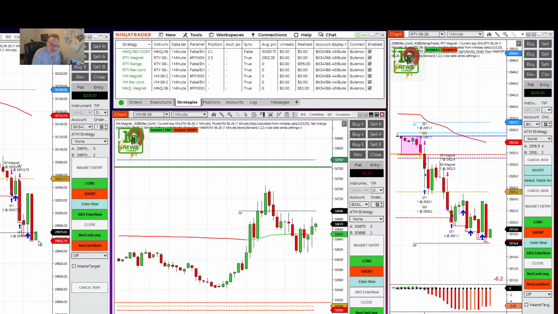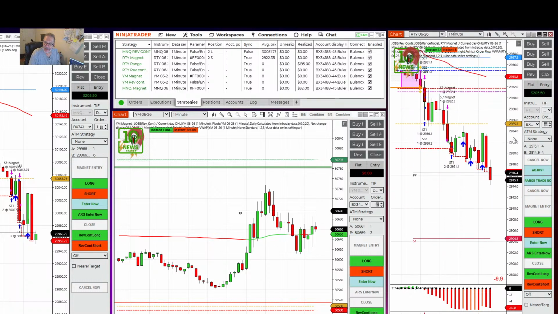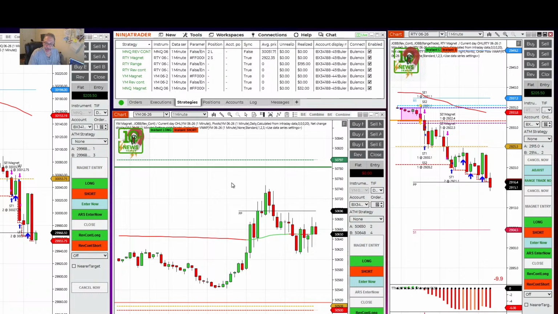So now notice that signal totally failed. But it's tested the low again. How many new lows is it going to make? So what does the market know that we don't? Is this another fake agreement?